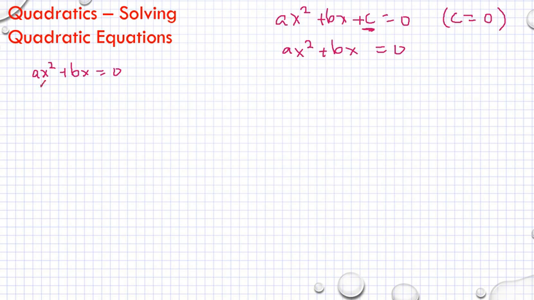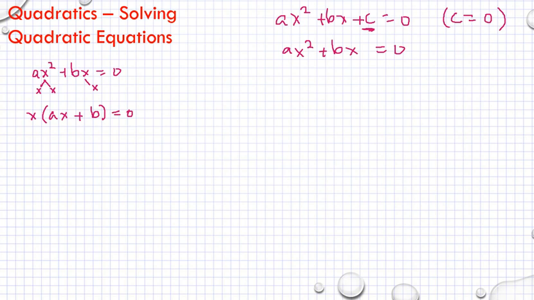So you can see here, there are x times x there, and then we have x there. So the common factor is x. And then you have x times (ax plus b) is equal to 0.